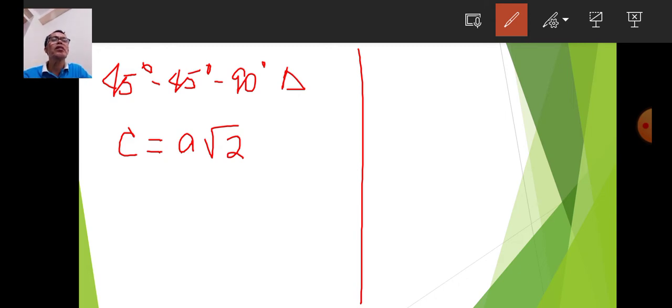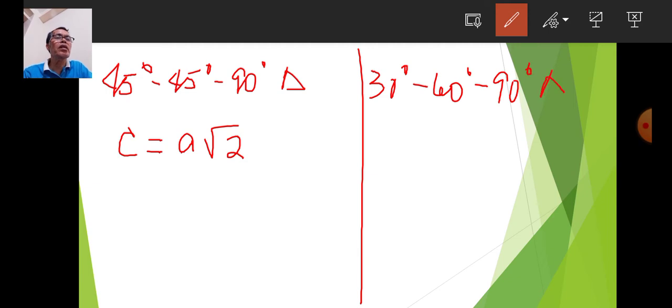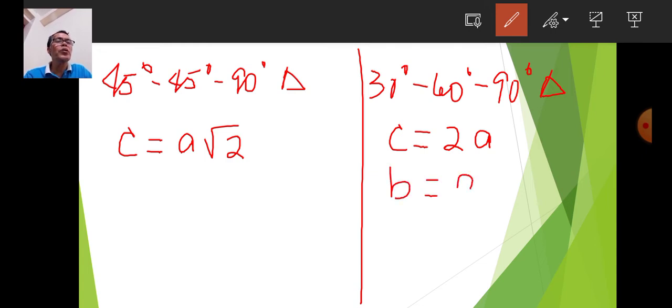And in a 30-60-90 degrees triangle, the hypotenuse C is equal to twice the shortest leg, and the longer leg B is equal to the shortest leg A times the square root of 3.